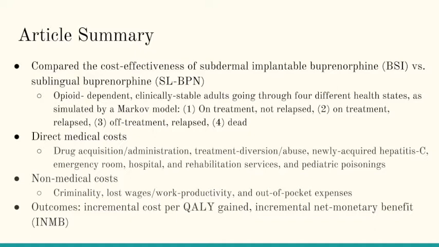Each of the cohorts accumulated direct medical costs from drug acquisition/administration, treatment diversion or abuse, newly acquired hepatitis C, emergency room, hospital, and rehabilitation services, and pediatric poisoning. They also accumulated non-medical costs from criminality, lost wages and work productivity, and out-of-pocket expenses. The outcomes that were assessed in this article include incremental cost per quality gains and incremental net monetary benefit.